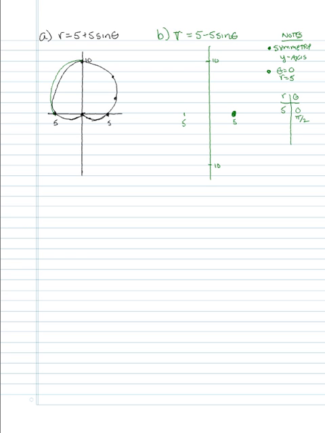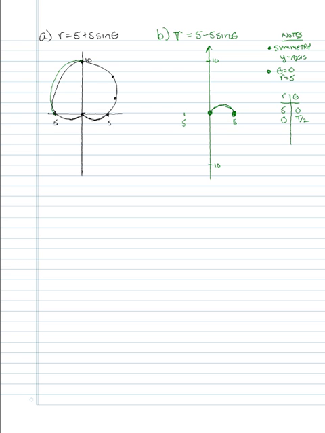And so we would have r as 5 minus 5 times 1, or just 5 minus 5. And so in this case, r is actually 0. So when we're looking at going straight up, our r value is actually 0, so we don't move from that position. And so that means right away we're moving some, but we're going from this point to this point, and so we're kind of getting the idea already, I've made that a little too big, but already that maybe this heart is upside down, or right side up actually, instead of upside down.